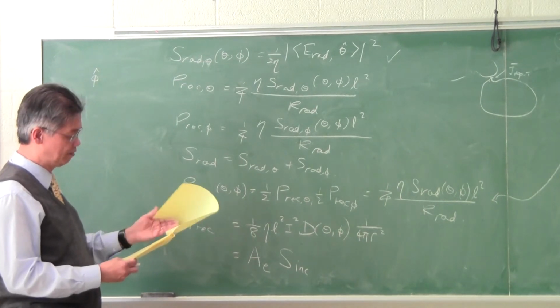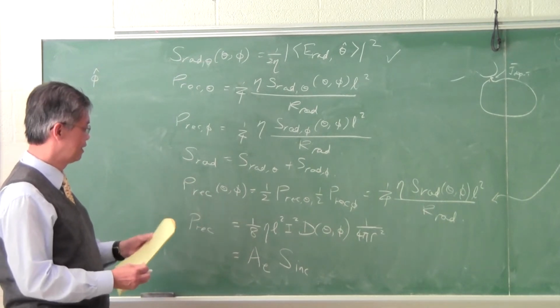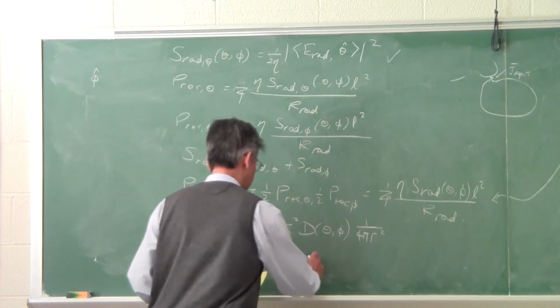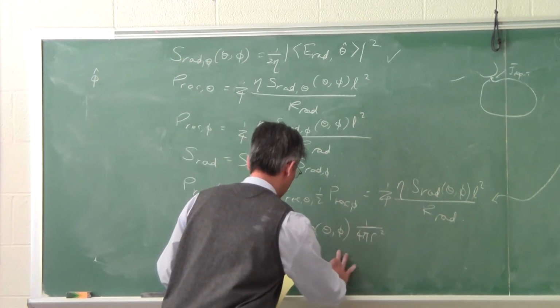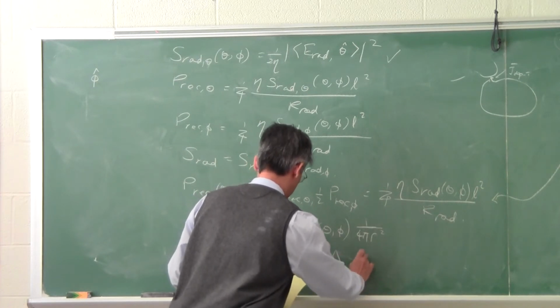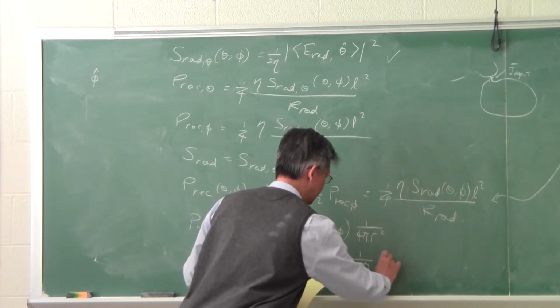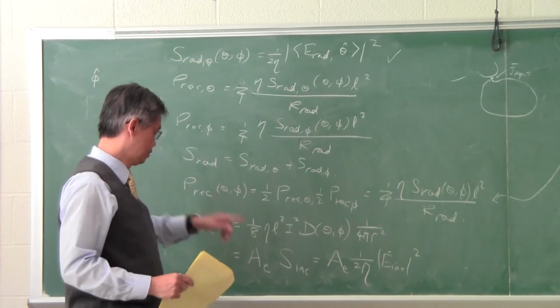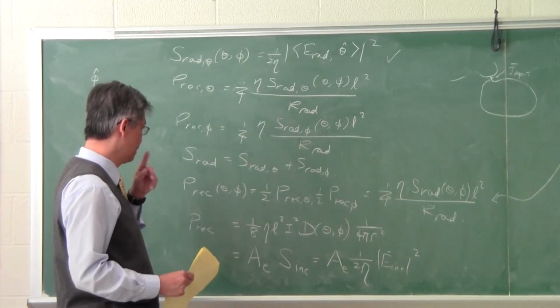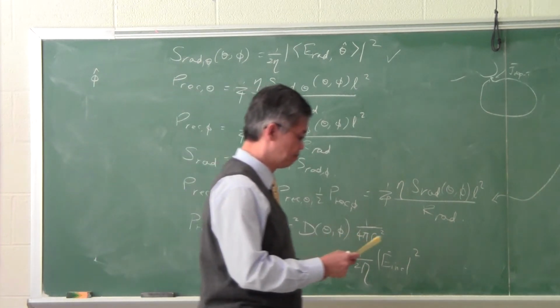So if you use this definition, and the fact that S incident is equal to 1/2 eta E incident squared, you can replace this with that, and then compare.